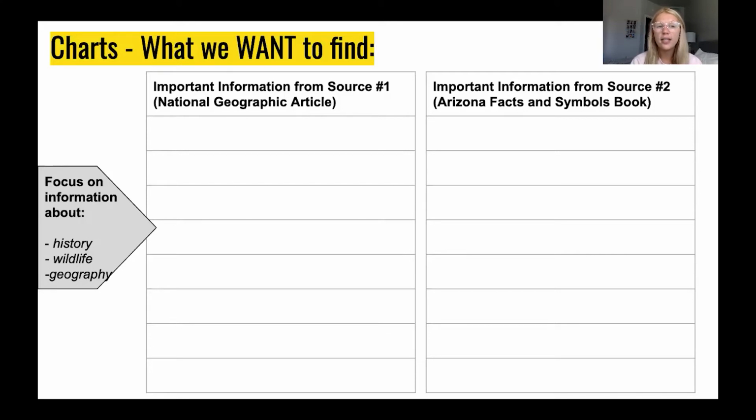So when you are writing information into your charts, you can just jot down short notes, or you can write full sentences, whatever you think is easiest for you and your understanding. So I want you guys again to pause the video and write out your charts, one for the article and one for the book. And when you are done with that, unpause and we will begin our readings.